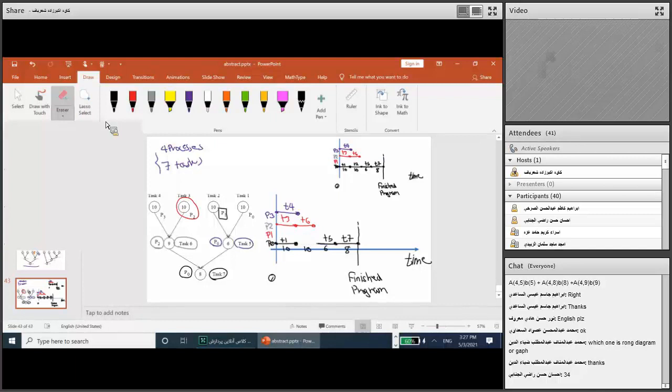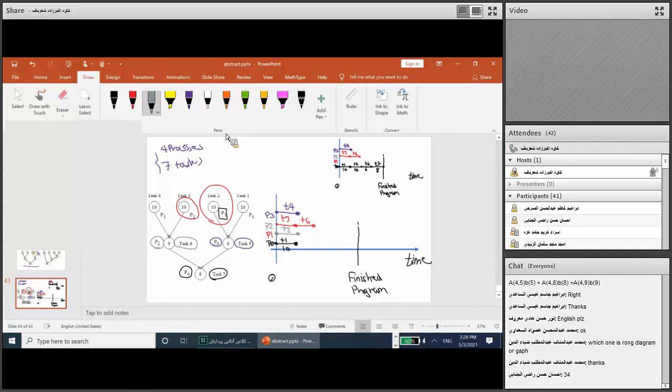Here, task 2 is performed by P1. Now P0 is free, it is no longer busy.